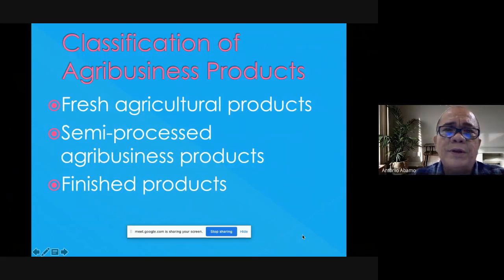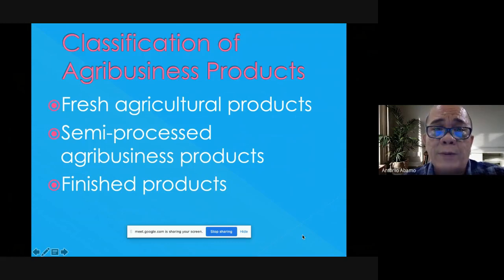When we talk about marketing, we have some considerations, for example, what are we going to market in the first place? Quite frankly, the very obvious thing we need to market is agribusiness product.